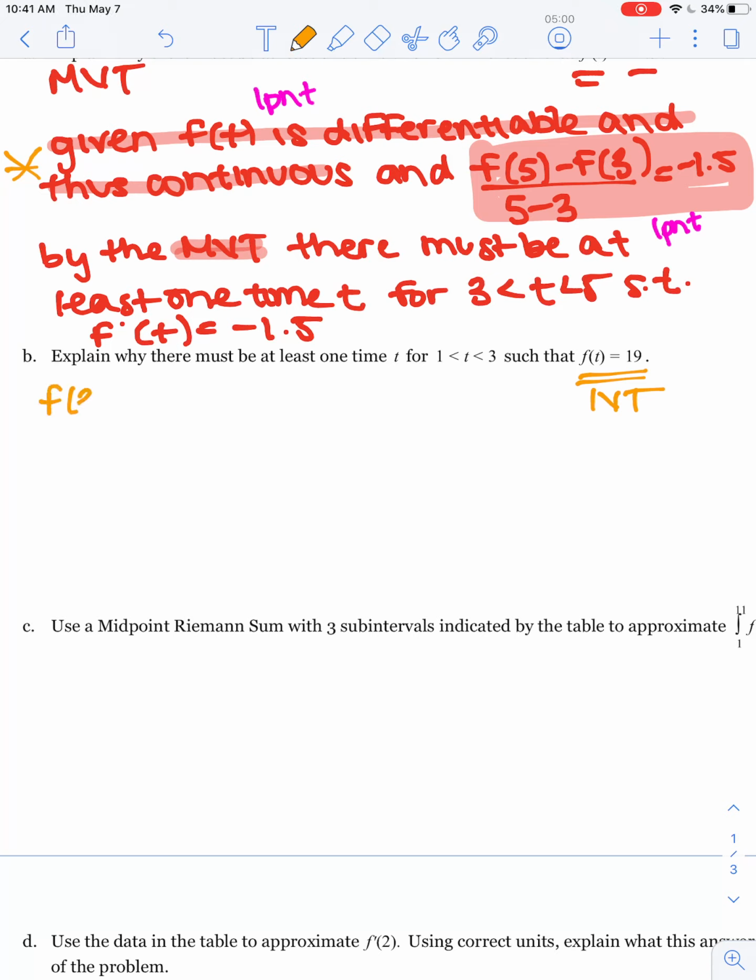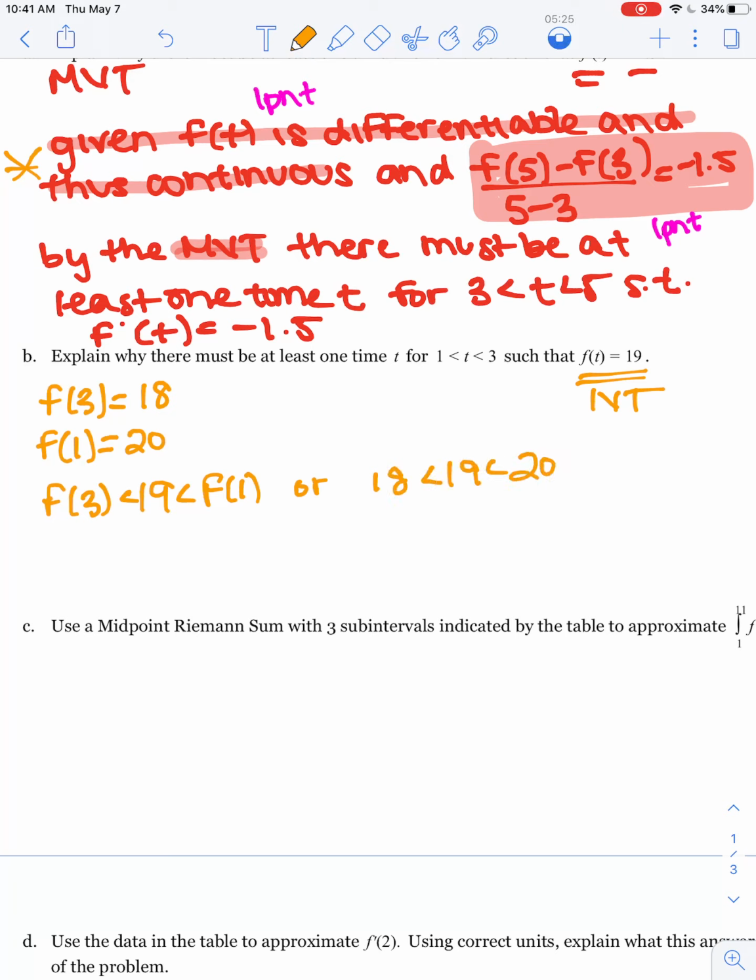We need to explicitly state that f of 3 is equal to 18 and f of 1 is equal to 20. And we either need to say f of 3 is less than 19, less than f of 1, or that 18 is less than 19 is less than 20. We need one of these two forms of the condition in order to use the intermediate value theorem.